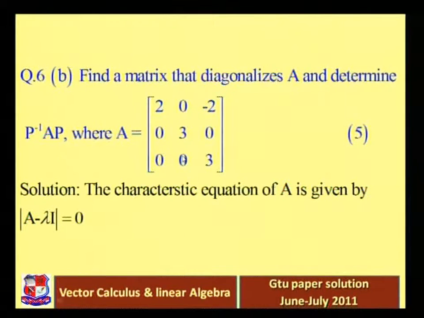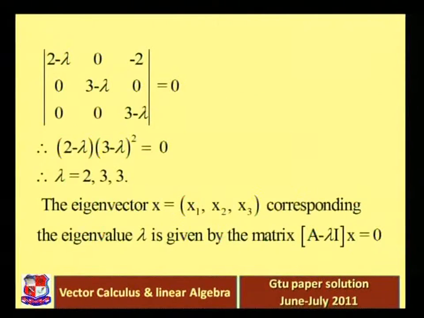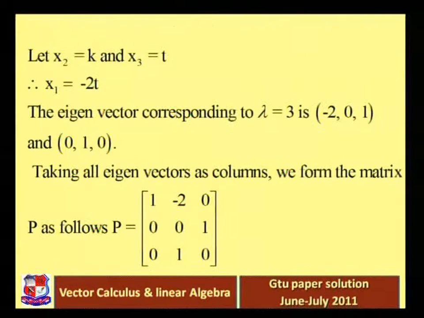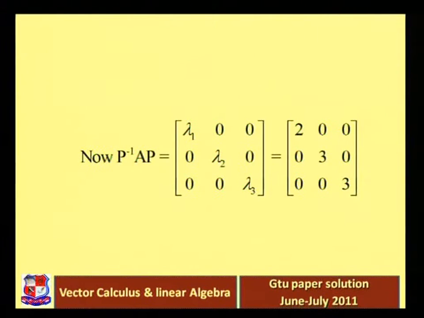You have lots of methods, using the adjoint method, using the row echelon method, you can find it, right? So find the inverse of this matrix P, and then do the matrix multiplication, that you should know. So just check whether P inverse AP is correct or not. Okay, I write it down here directly, but you have to check it.